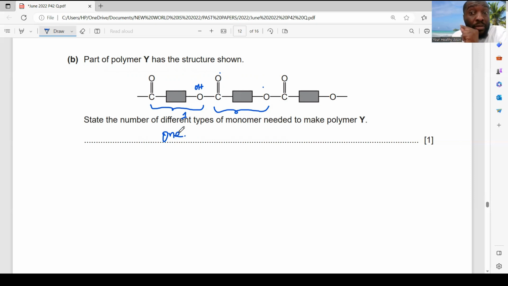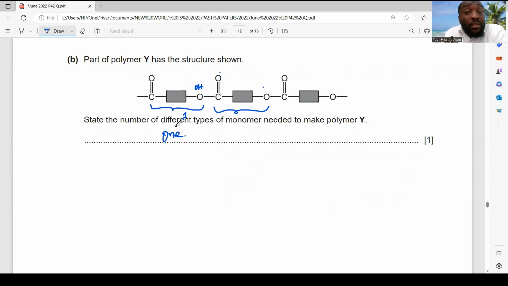And that is also a trick whenever they're asking you the differences between a condensation polymer and an addition polymer. Most students will say, addition polymers have one type of monomer and condensation polymers have different types of monomer.